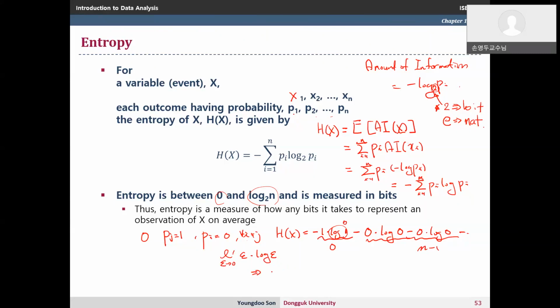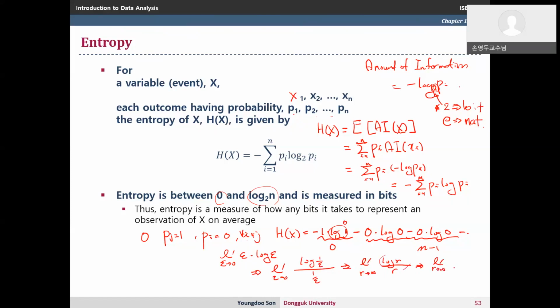In this case, we can change the variable to 1 over epsilon, for example another variable, let's say r goes to infinity, log r over r, and using L'Hopital's theorem, it's the limit as r goes to infinity.